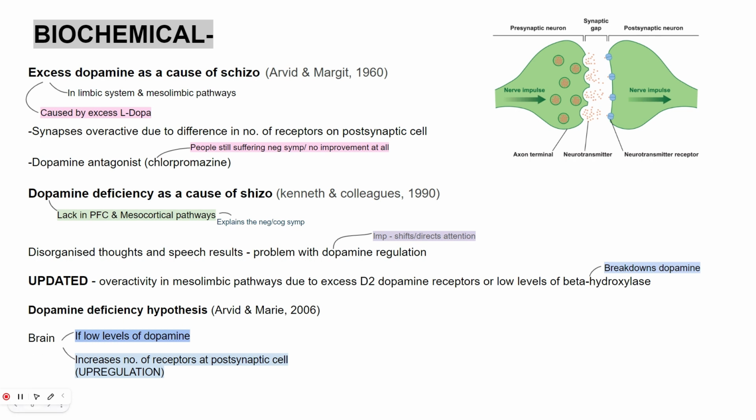If it sees low levels of dopamine, it increases the number of receptors at the postsynaptic cell. This increasing of receptors is called upregulation.